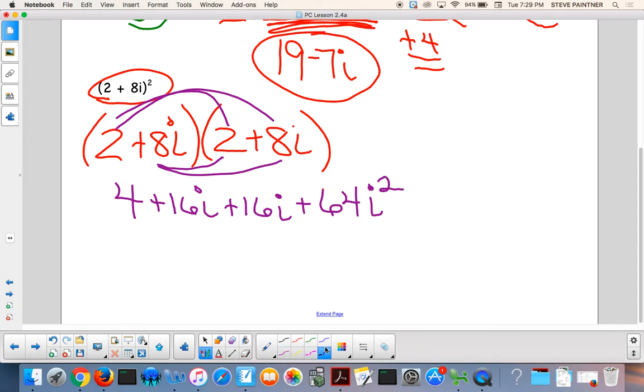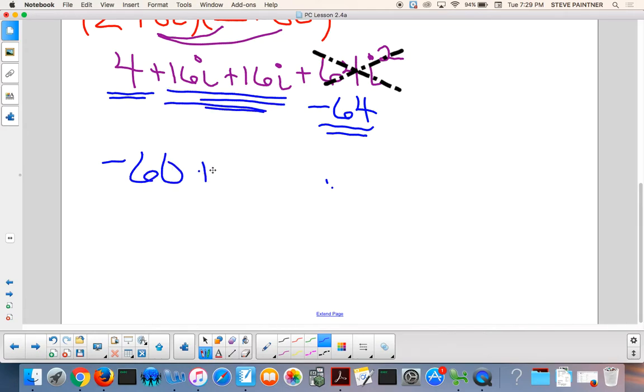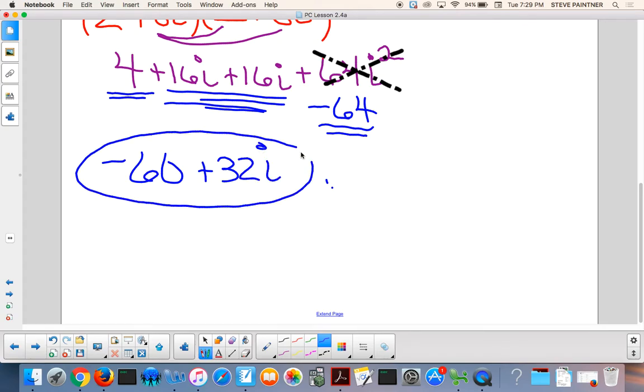But this is 64 times negative 1, which is going to give you negative 64. Okay? All right. Real part and real part make negative 60. Imaginary plus imaginary makes 32i. There you go. That's it. Okay, next page.